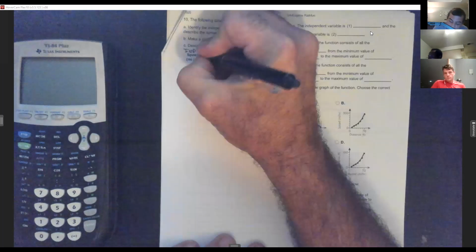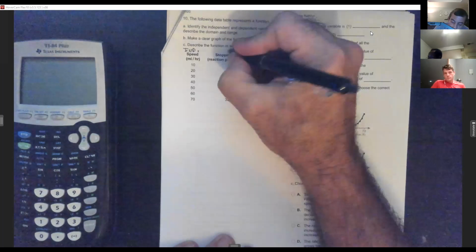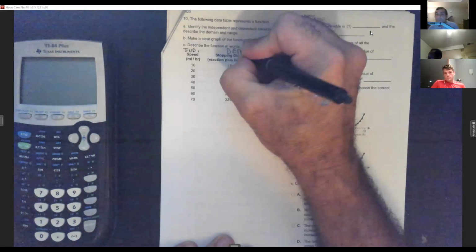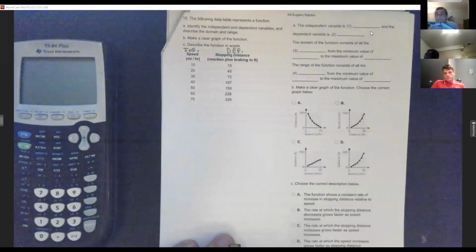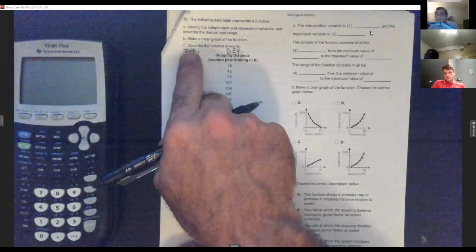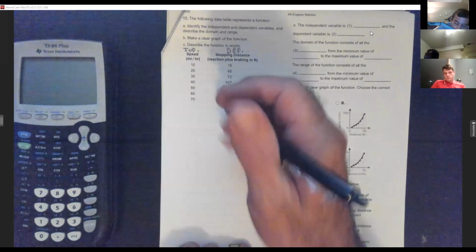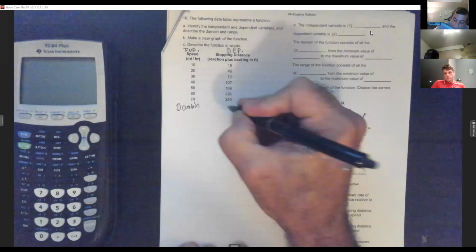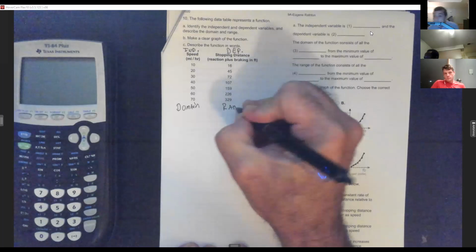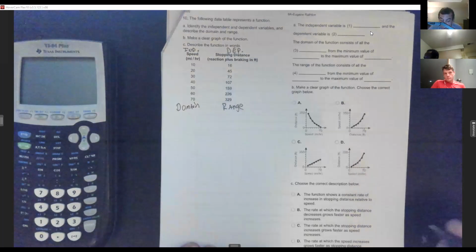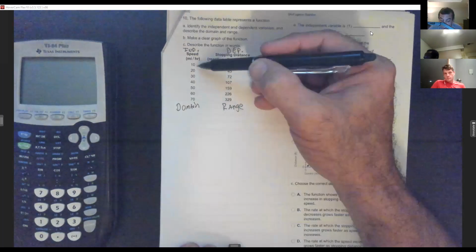The second column is always going to be your dependent variable, which means this column is my domain. This column will be my range. Looks like they're in order from small to large on both sides.